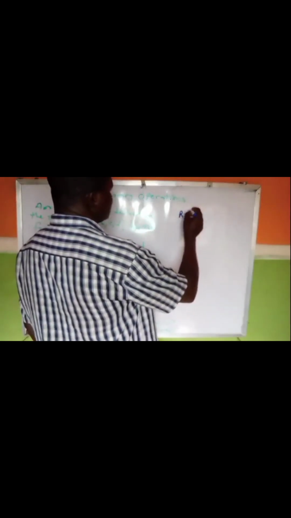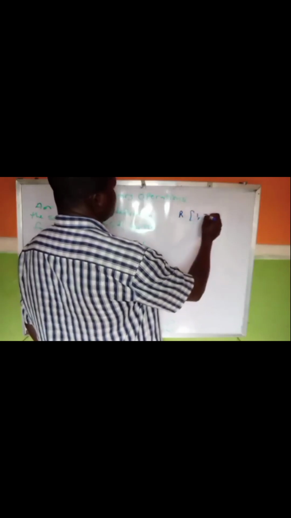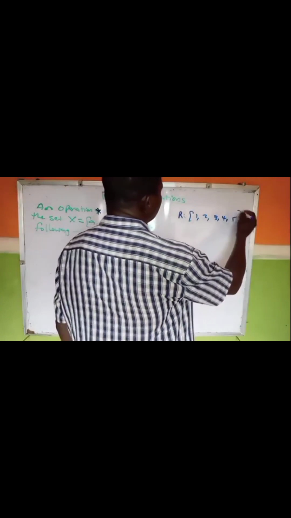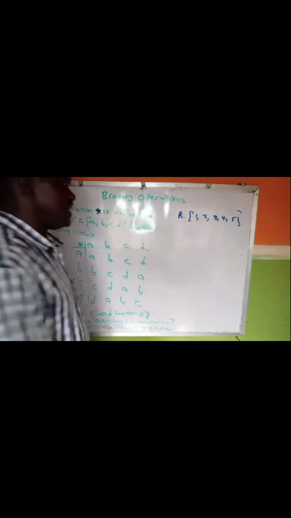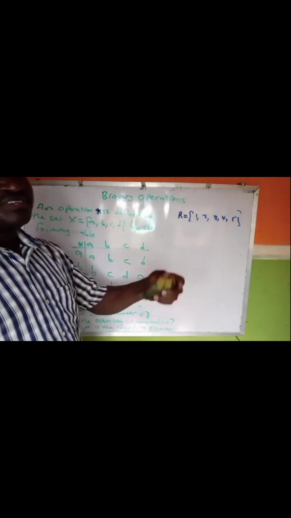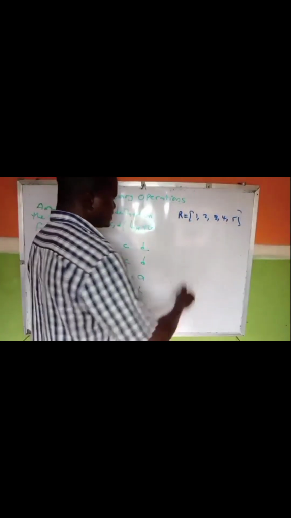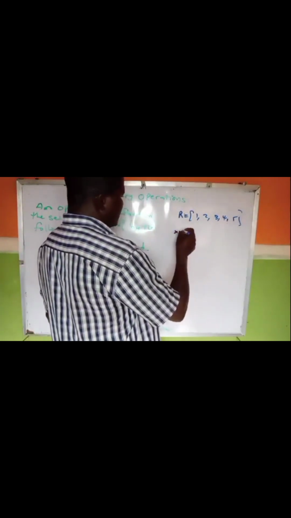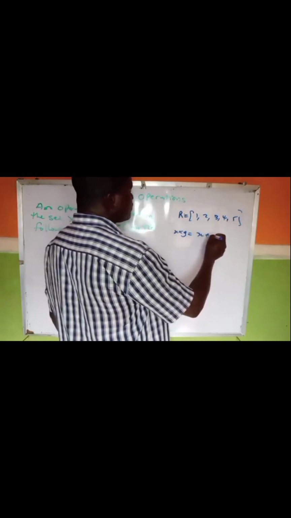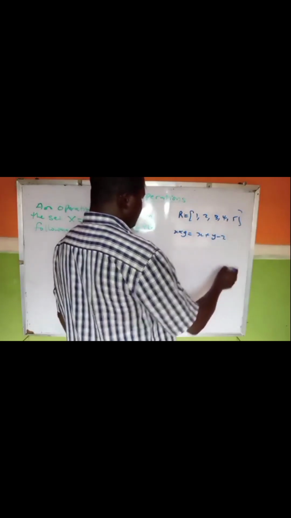This is set R, which is 1, 2, 3, 4, 5. The elements in R are all these. Then they define an operation, maybe X asterisk Y, which they call X plus Y minus 2.